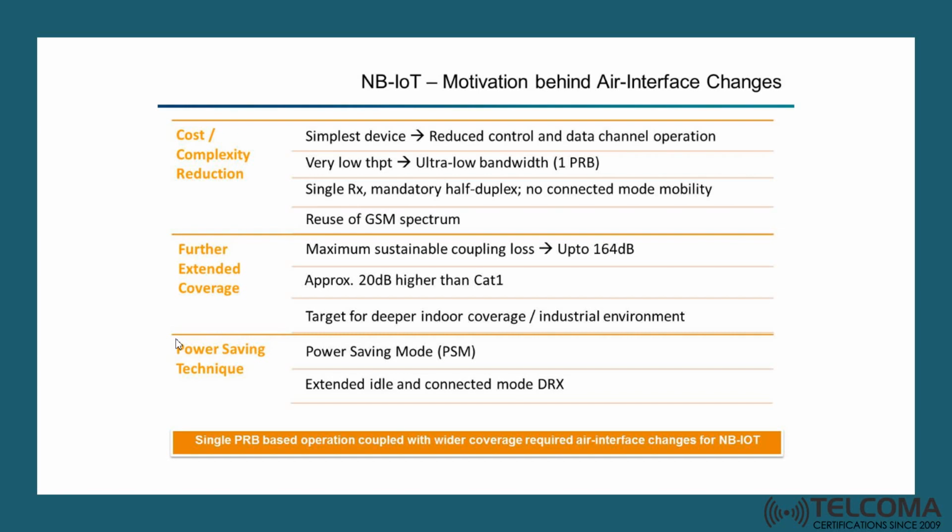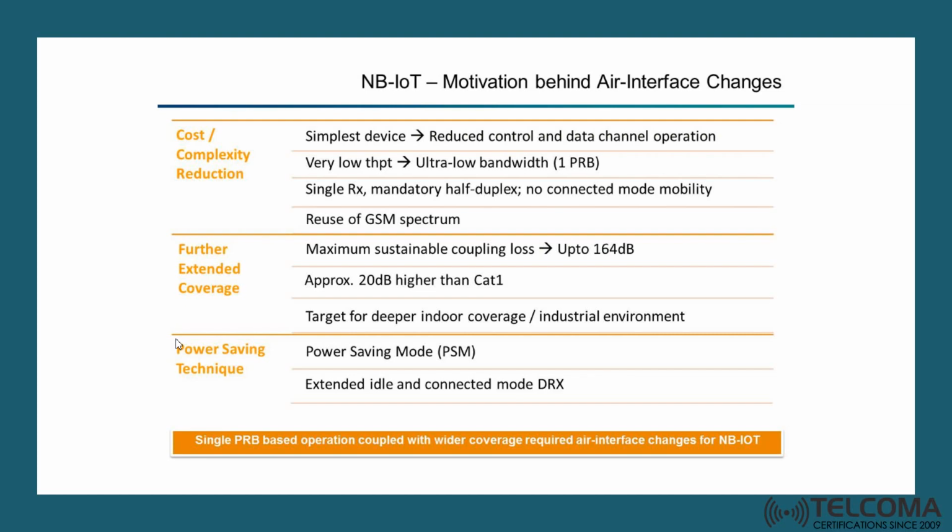And here not even a single kind of mobility is expected. We actually expect the UE is stationary or completely non-mobile. And here we even have the option of reutilizing the GSM spectrum, because GSM has 200 kilohertz bandwidth per carrier, and we can reutilize the spectrum since we are going to have just one resource block or one physical resource block.